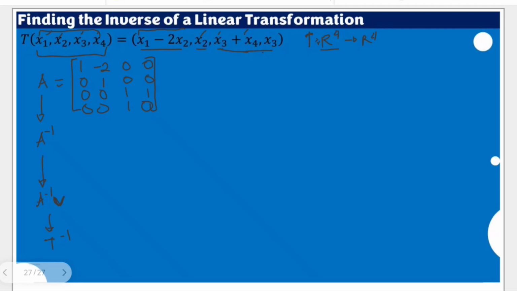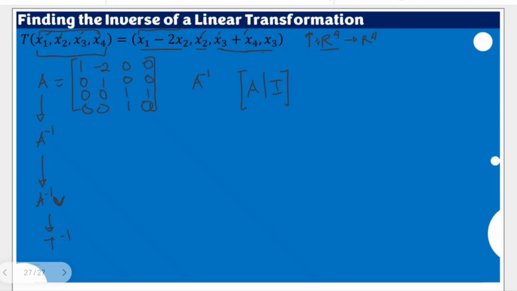The next thing we need to do here is to make sure that this is invertible, and if it is, we need to show the inverse. The inverse, represented by A to the power of negative 1, is identified using a certain process involving the augmented matrix of the standard matrix A together with the identity matrix for R4.